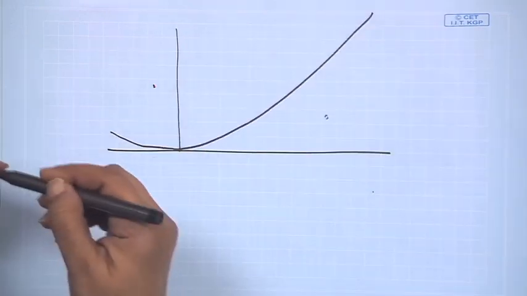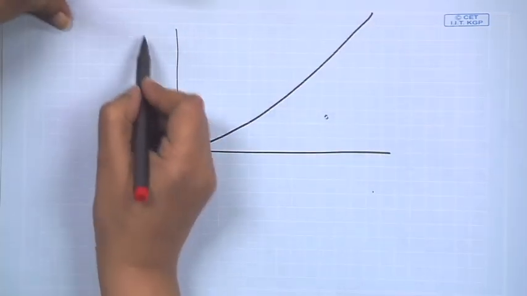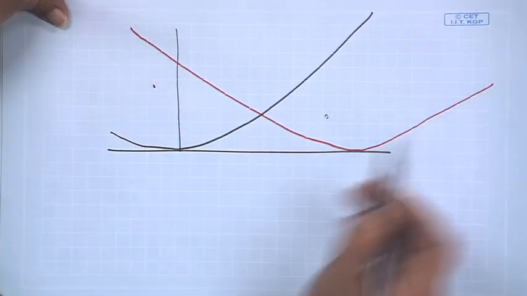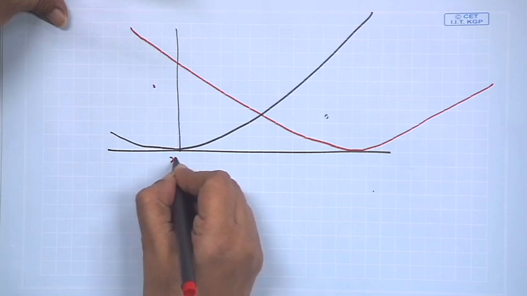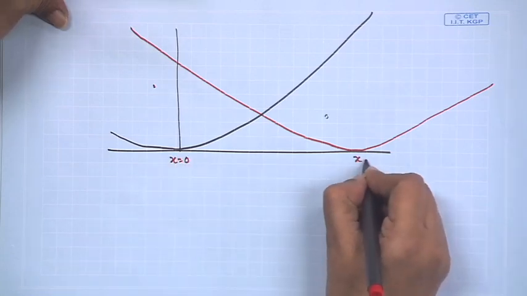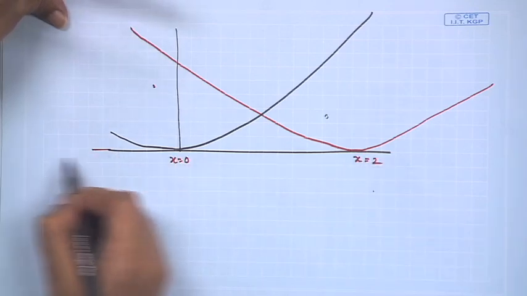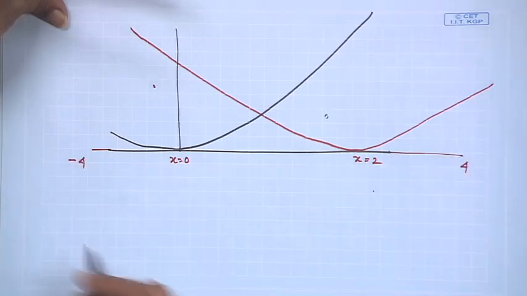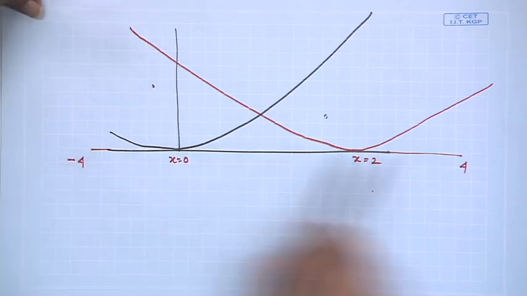This is x square, this is (x minus 2) square. This is x equal to 0 and this is x equal to 2, and x is ranging from minus 4 to plus 4.